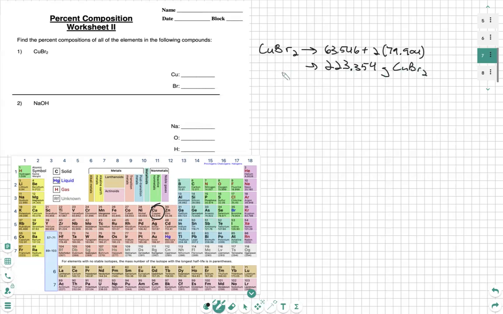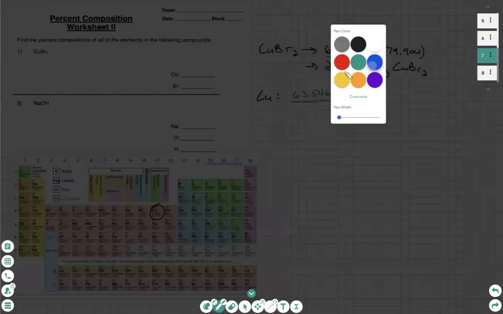Now, in order to find the percent, all we're going to need to do is take our copper. What is the molar mass of our copper? We already found it. It is 63.546. So I'm going to take that number and divide it by the entirety of the molar mass, so the mass of the whole thing.